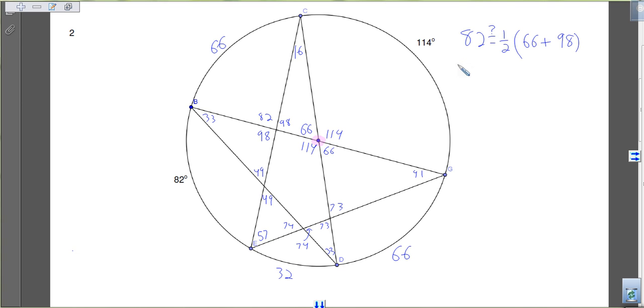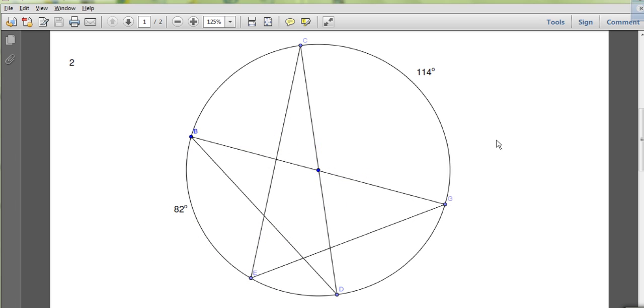This is a nice little way of checking these things out. This is 164. That's a bad looking 6 there. So 82 is in fact equal to 82. If I've done this correct, it'll work out. Alright, so that's illustrative of a nice little way to check to make sure I'm doing things correctly.